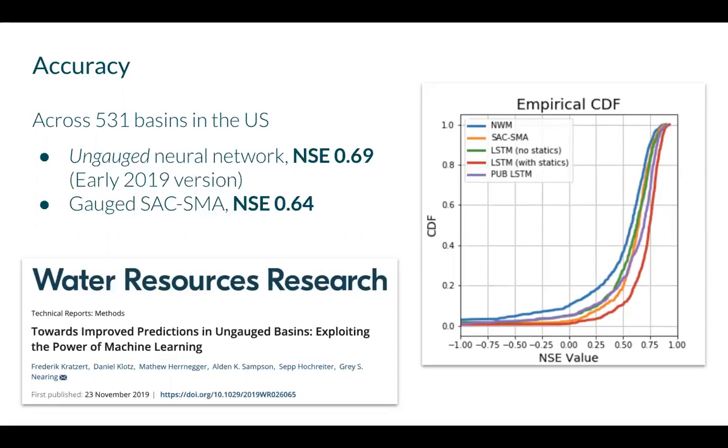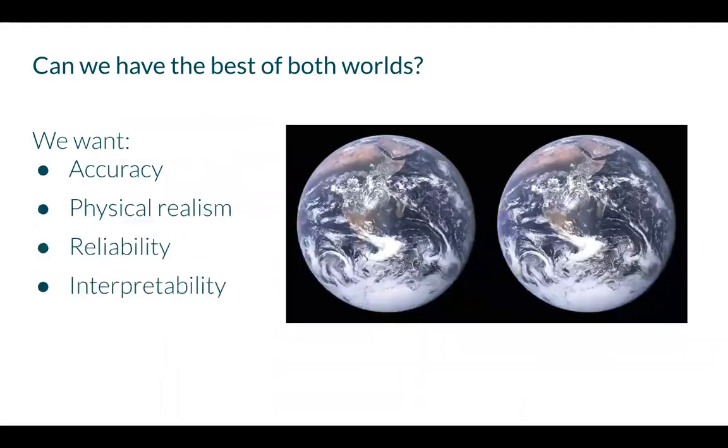So if we're using these models to make forecasts and predictions about the future, we really want a model that's going to be as accurate as possible. But on the other hand, we want these qualities that we often associate with physical models, like physical realism, so that if we move into new, unheard of conditions that we've never seen before, our models are still going to work reliably.